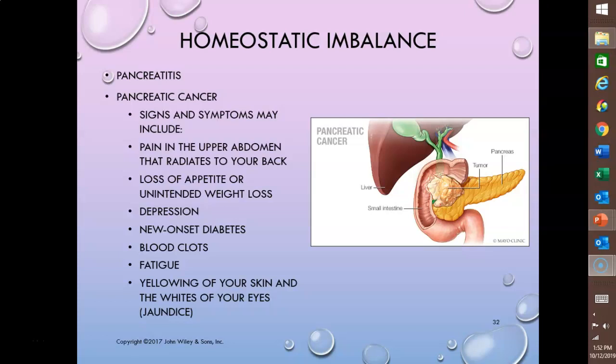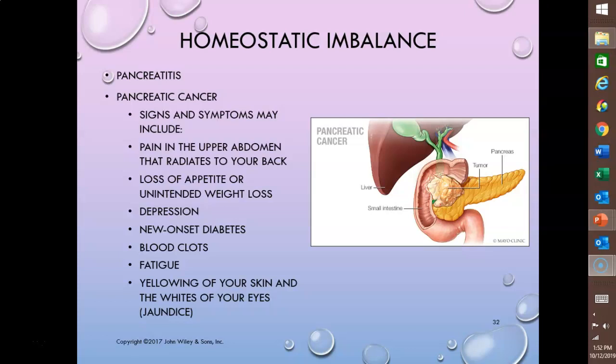Pancreatic cancer usually affects people over the age of 50 and occurs more frequently in males than females. There are few signs until the disorder reaches a very advanced stage, and usually not until it's metastasized to other parts of the body, such as the lymph nodes, the liver, and perhaps the lungs. The disease is almost always fatal, and it's the fourth most common cause of death from cancer in the U.S.